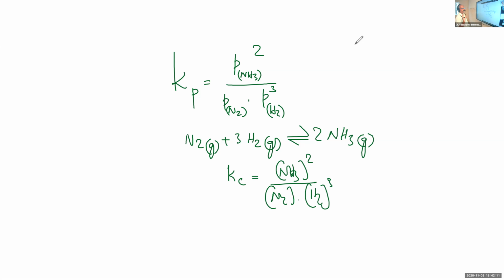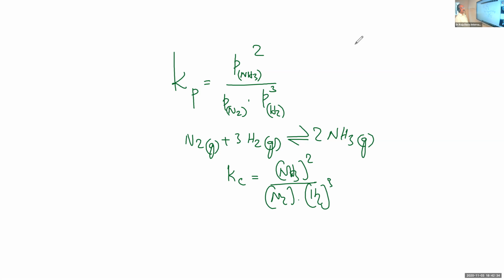The only change is this. Instead of the concentration terms, we are using the partial pressures. Then the equilibrium constant is known as Kp. P for partial pressure.